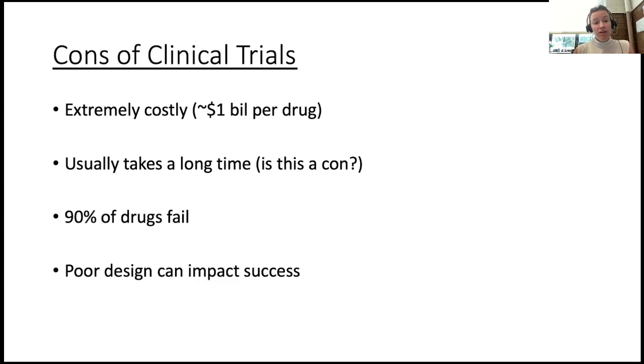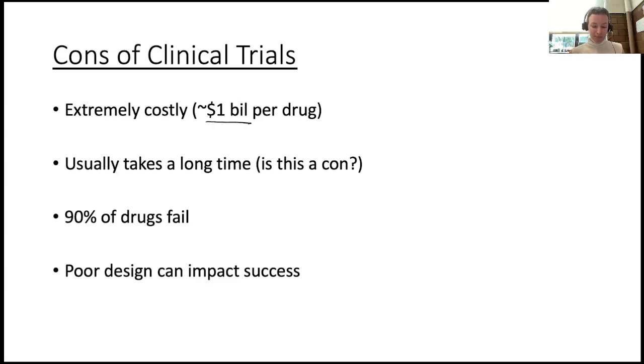An additional con of clinical trials is that almost 90% of drugs will fail clinical trial and not make it to FDA approval. So this $1 billion being spent per drug, largely, you can think about it kind of like this, it goes to waste. Not necessarily wasted, because it's good that drugs that don't work or aren't safe aren't making it to people, right?